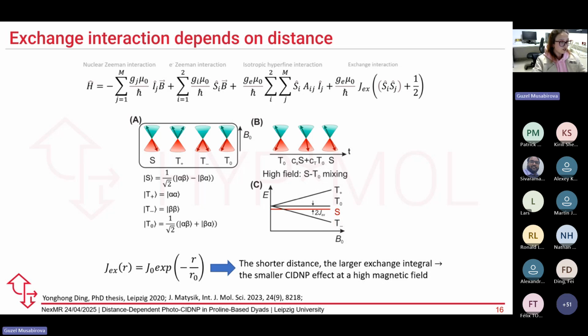We expected that in a short dyad we have quite strong exchange interaction, which will hinder S-T0 mixing, especially at high magnetic field. But with increasing length between flavin and tryptophan, the exchange interaction should be smaller, and the S-T0 mixing should be easier.